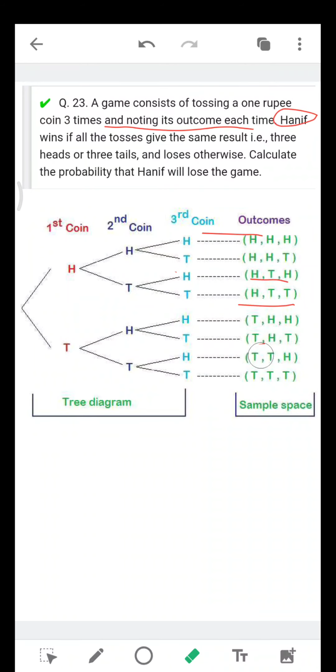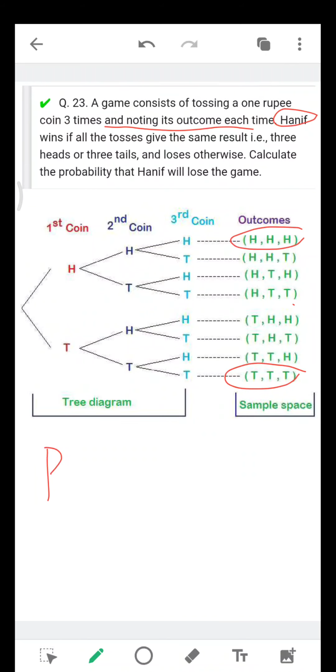Now you can see here, according to our question, Hanif wins if all the tosses give the same result. Suppose you're tossing 3 coins and you got heads on all 3, so Hanif wins. Or if you get tails on all 3, Hanif wins.